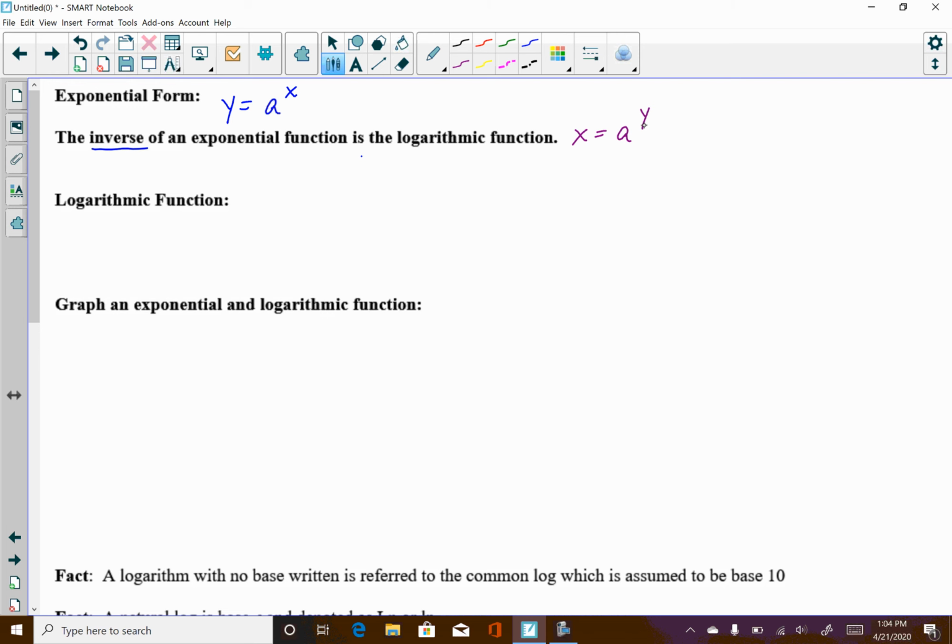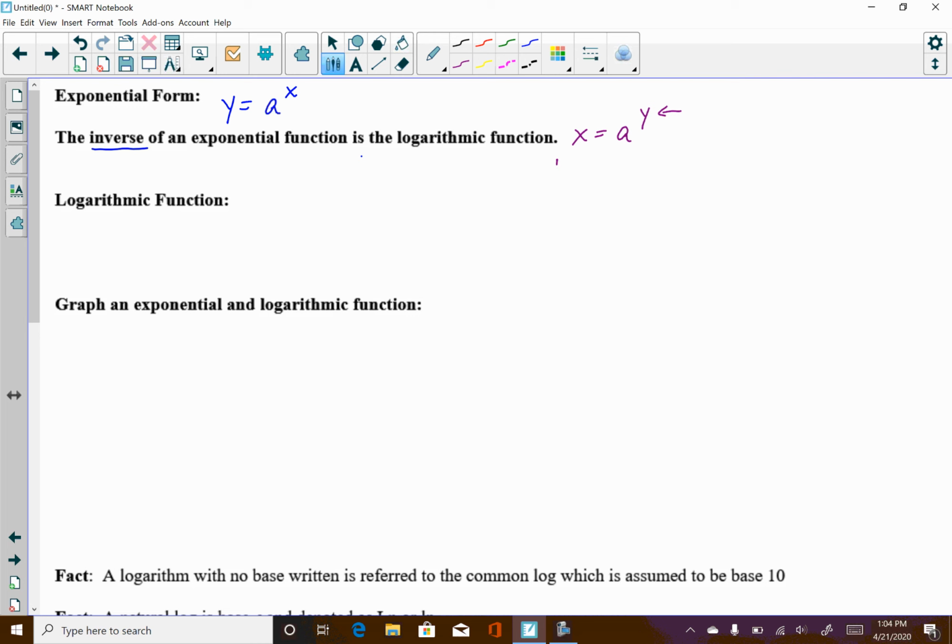And now our goal is to solve for y. All right, and so I'm going to go ahead and introduce, I can't remember if we've talked about this already. I don't believe we have. No, we haven't. And so this is the reason for logs. When you're trying to solve for the variable that is in the exponent, sometimes you have to take the log of both sides. In our case here, I'm going to take the log of both sides.